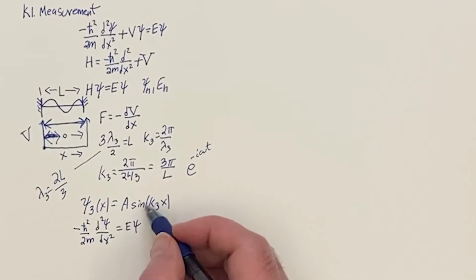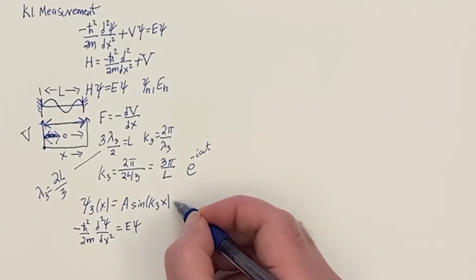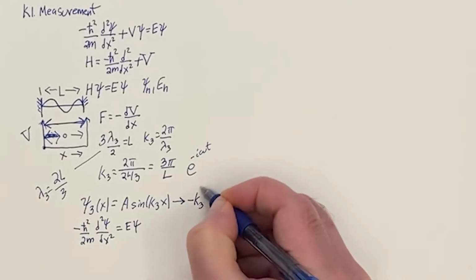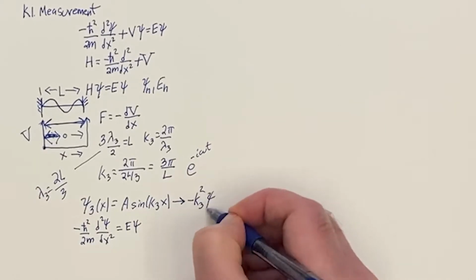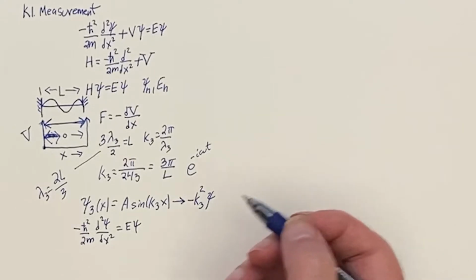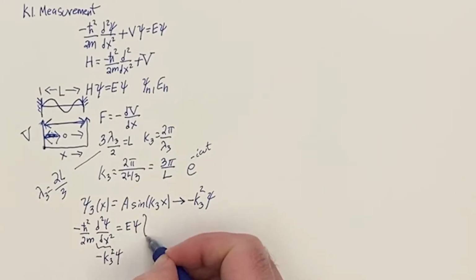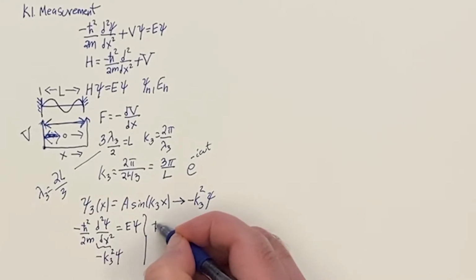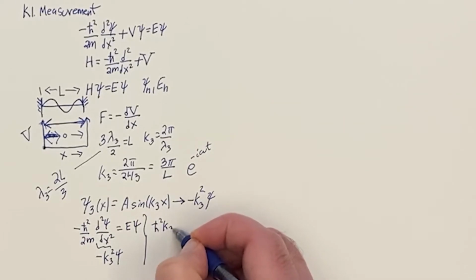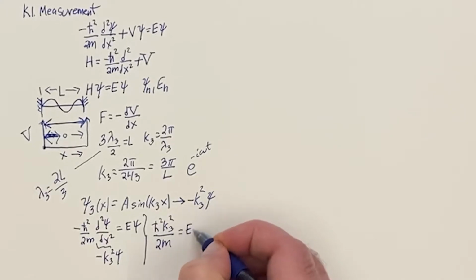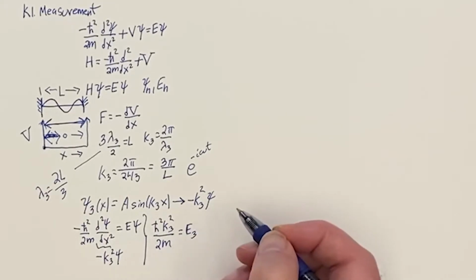The minus signs will cancel, and you'll find that this second derivative will be a minus K3 squared, and you get the same thing back. So this is then going to be a minus K3 squared, get the same thing back. So that means h bar squared K3 squared over 2m is equal to the third energy level.